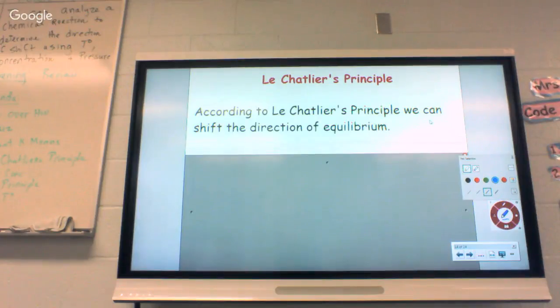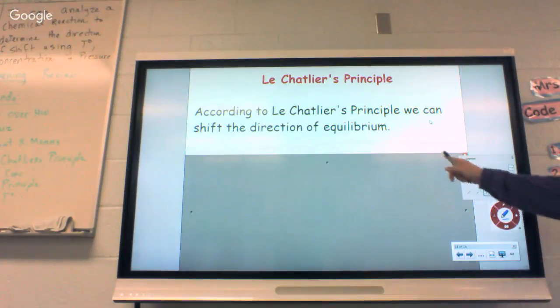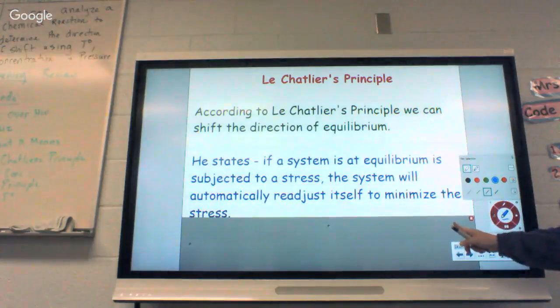So, the equation that we just had mostly reactants, right? We don't want a lot of reactants. If we're in the business of making something, we want what? We want product. If we want product and we're getting more reactants, we got to shift it to make product. We can do that by changing things. Okay? So, we're going to talk about what things we can change and how to do that today.